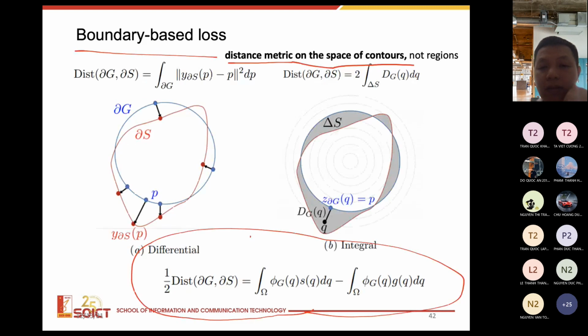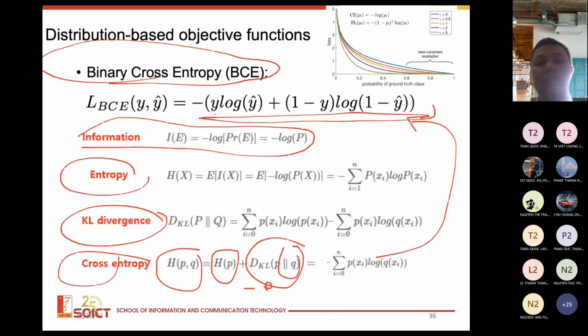Okay. So any question for the loss function?